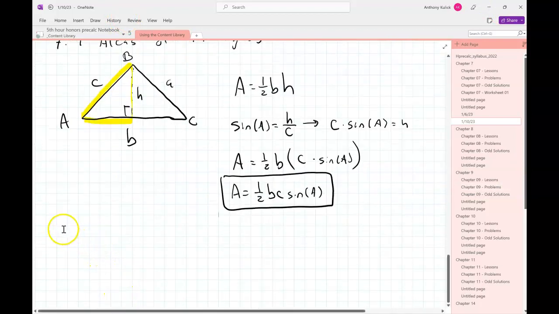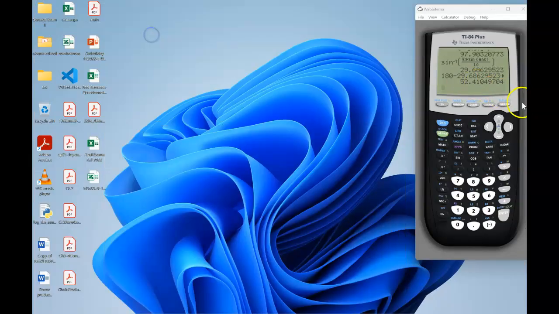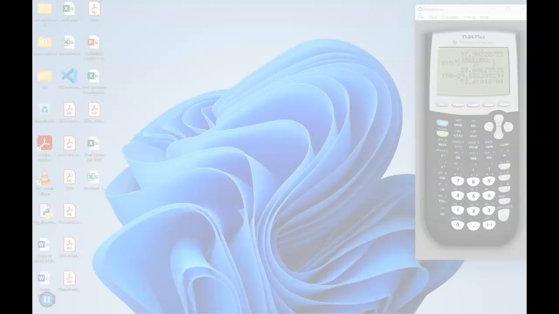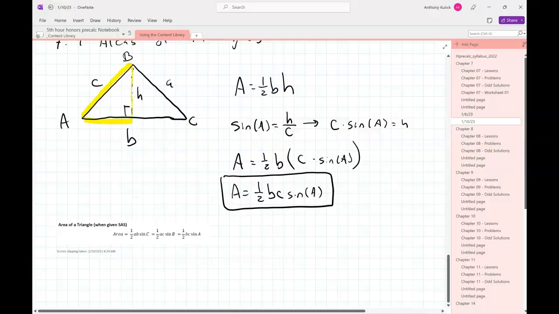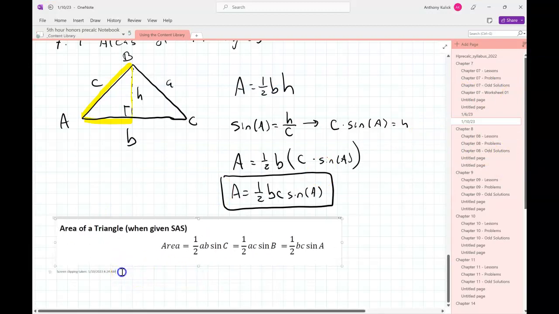Depending on what you're given, you can write this in three different ways, depending on whether you're given angle A, angle B, or angle C.